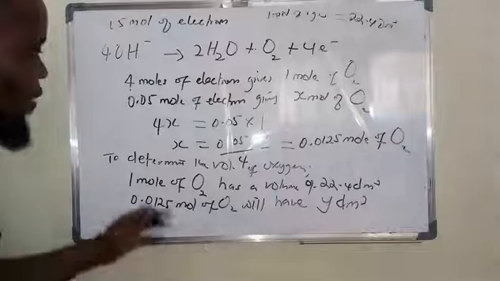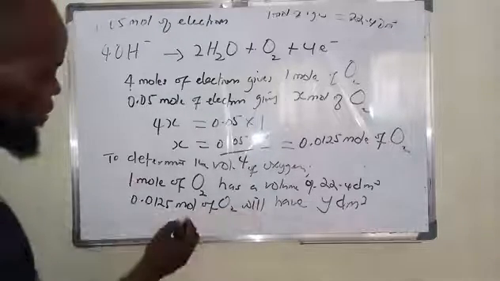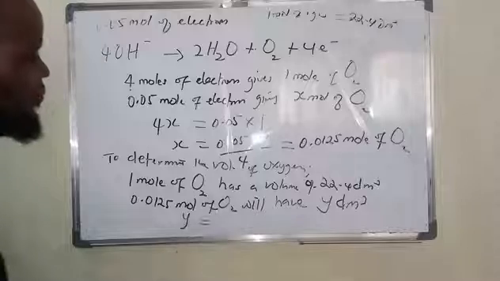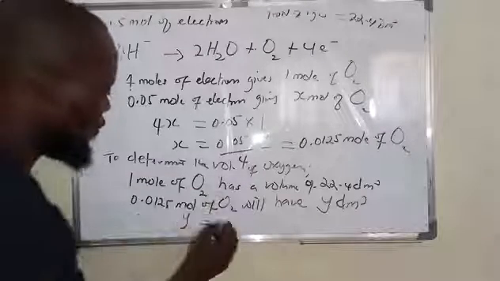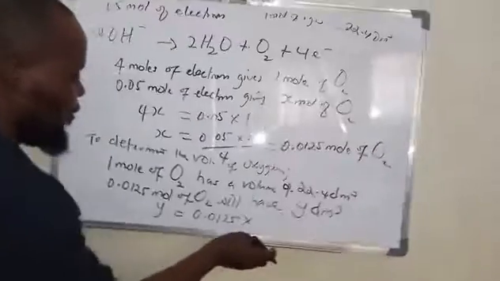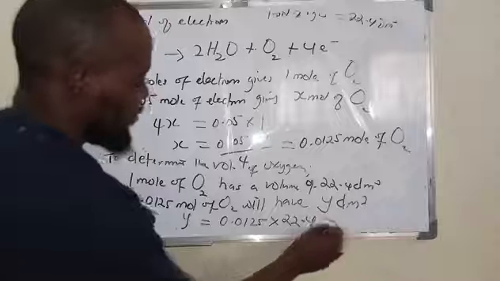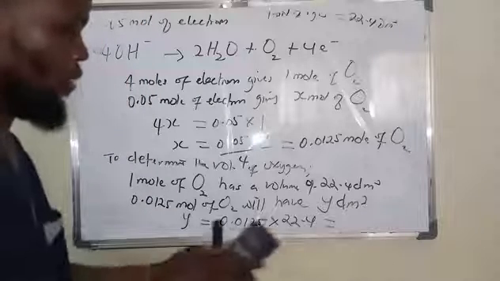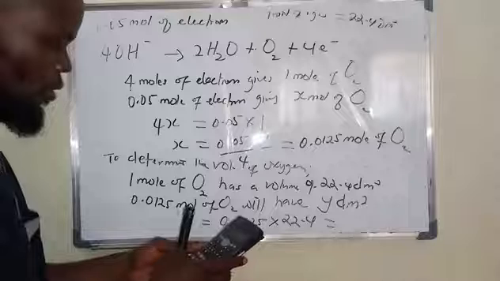Then, by cross multiplication, you can say 1 multiplied by Y, you have Y. Then 0.0125 multiplied by 22.4.